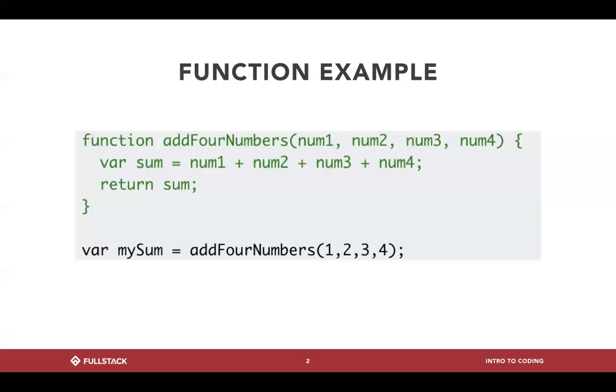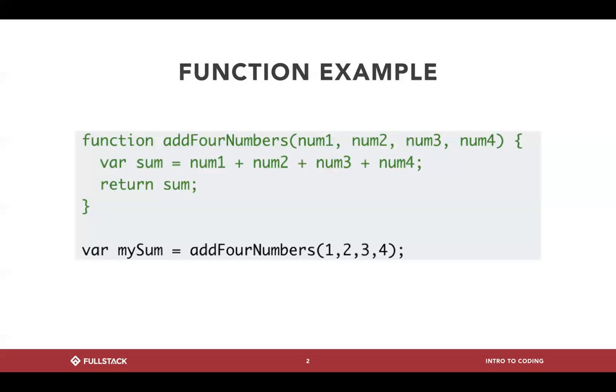This return keyword is something that you can put in a function that will immediately stop the function. So if I had written console.log below that return sum, that would not print to the screen. That would never execute. As soon as the execution sees return in a function, it is going to immediately stop.